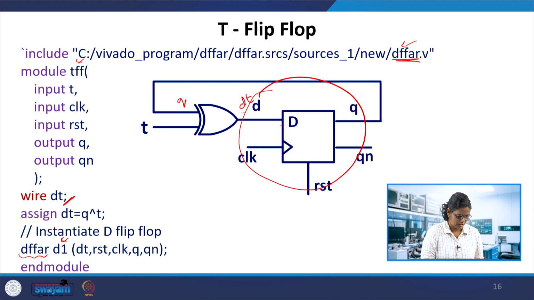Here D was the input, and then reset, and then clock, and Q and Qn. This is the order we used in the previous DFFR model. So this is nothing but the D input, which is obtained by taking Q and T XOR, giving DT. So it is a simple instantiation of this module.